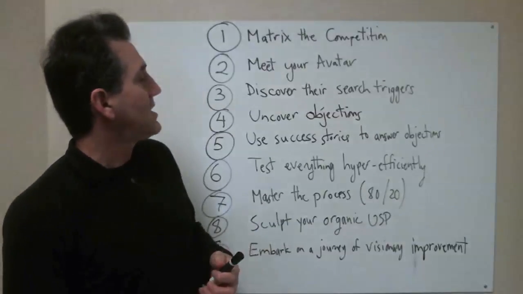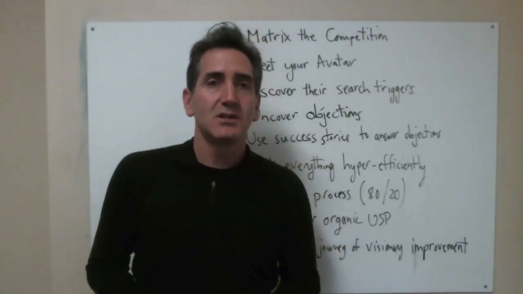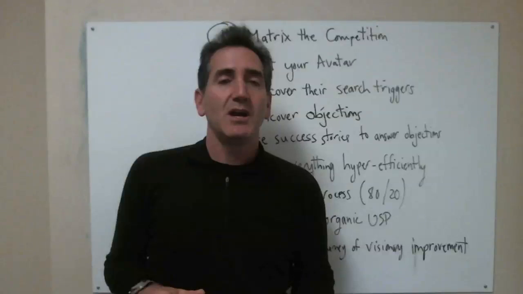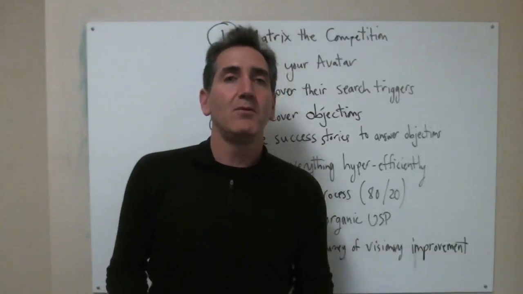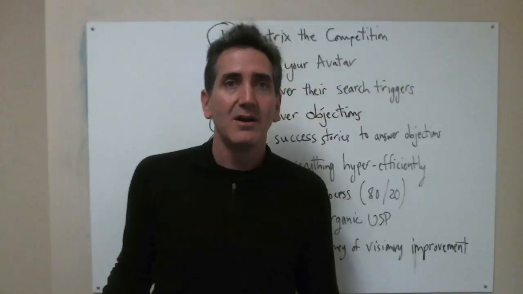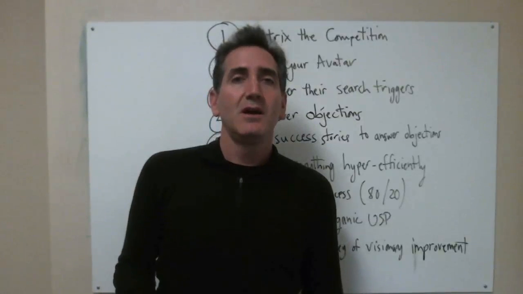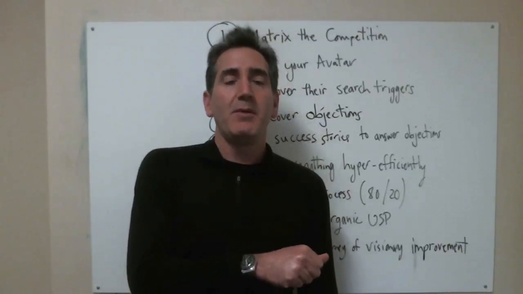Next level is uncovering objections. The way I want you to think about objections is not as things that we have to beat down or overcome or overpower people with or wish we didn't have to hear. Objections are really reminders of their past.